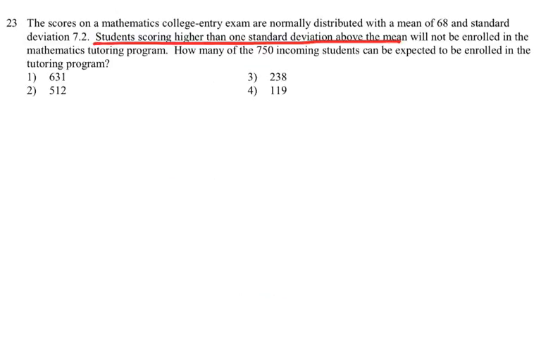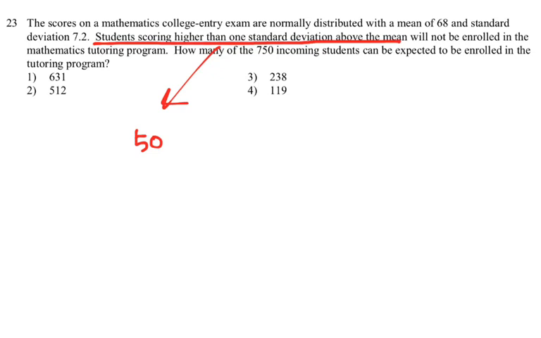Now let's look at number 23. Here we have a mean of 68 and a standard deviation of 7.2. Students scoring higher than 1 standard deviation above the mean will not be enrolled in the tutoring program. So how many of these 750 incoming students will be enrolled in the tutoring program? That means we're looking for anybody who gets 1 standard deviation above the mean or less.